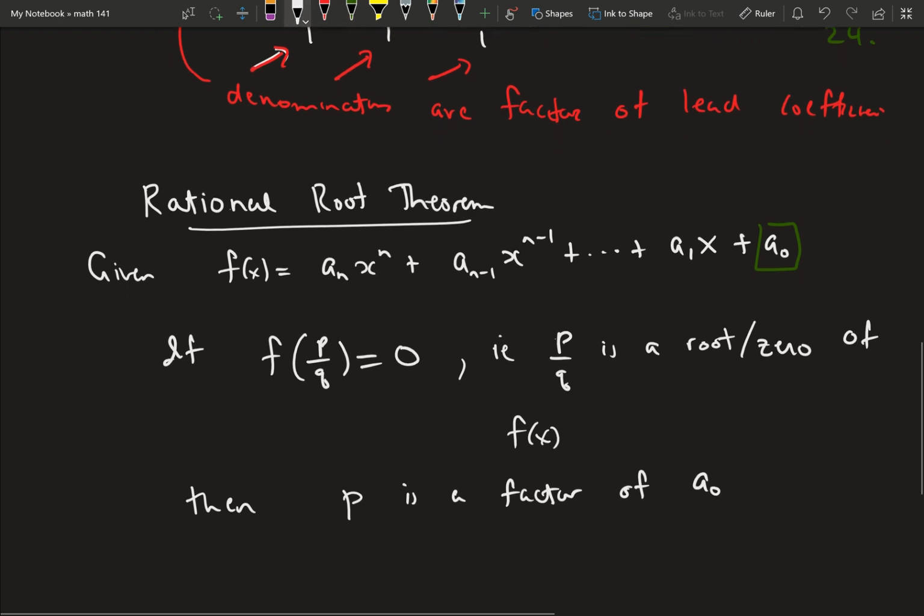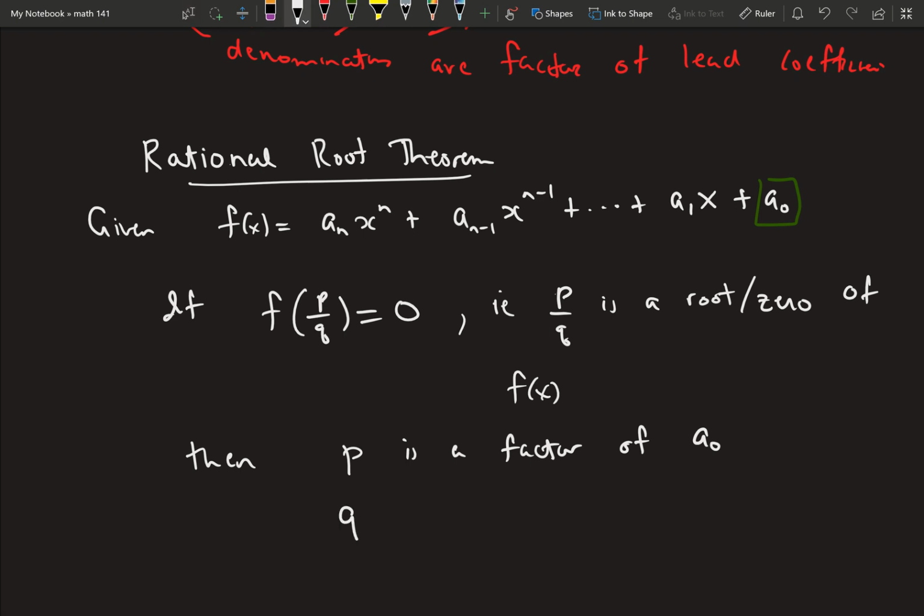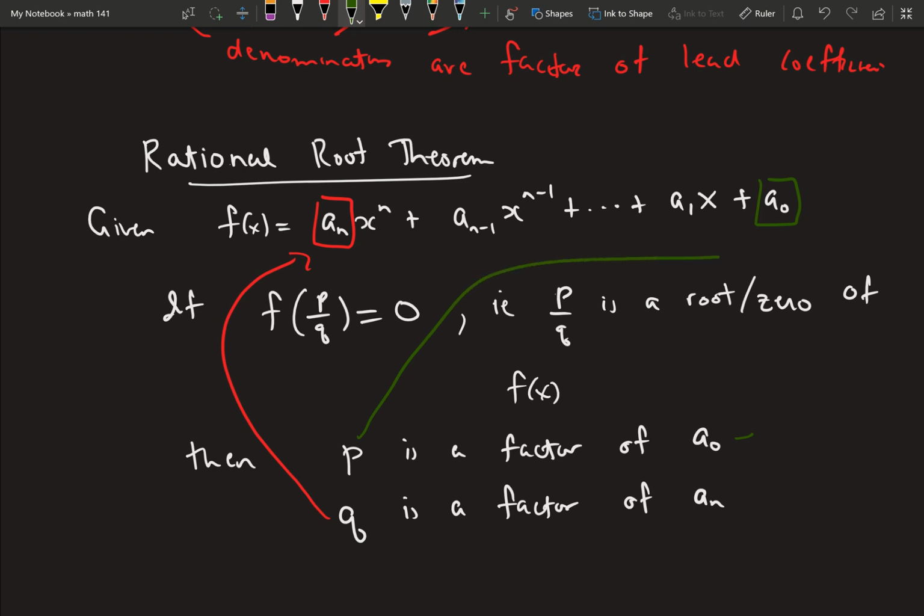So p is a factor of a0, and q is a factor of the lead coefficient, which is a sub n. And that's right here in red. I'm just circling that. So q, the denominator, is a factor of a sub n. p is a factor of this constant term, a0.